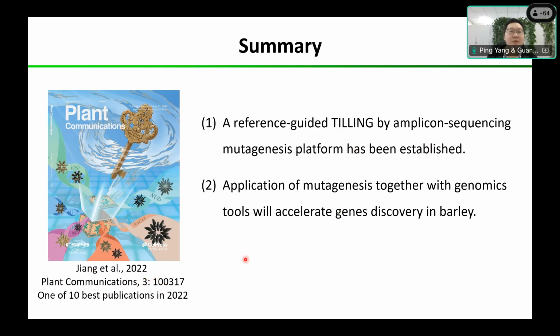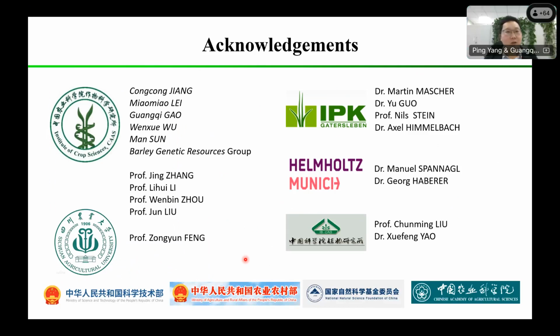And finally, I would like to thank all the members of my group. Chongchong Jiang is basically working on this mutagenesis population, and Miaomiao Guangqi also performs the work in the field and the bioinformatic analysis. Wenxue Wu is working on the SS2 locus, and Sun Man is working on the MF locus, and also other members from my group contributed to this work.